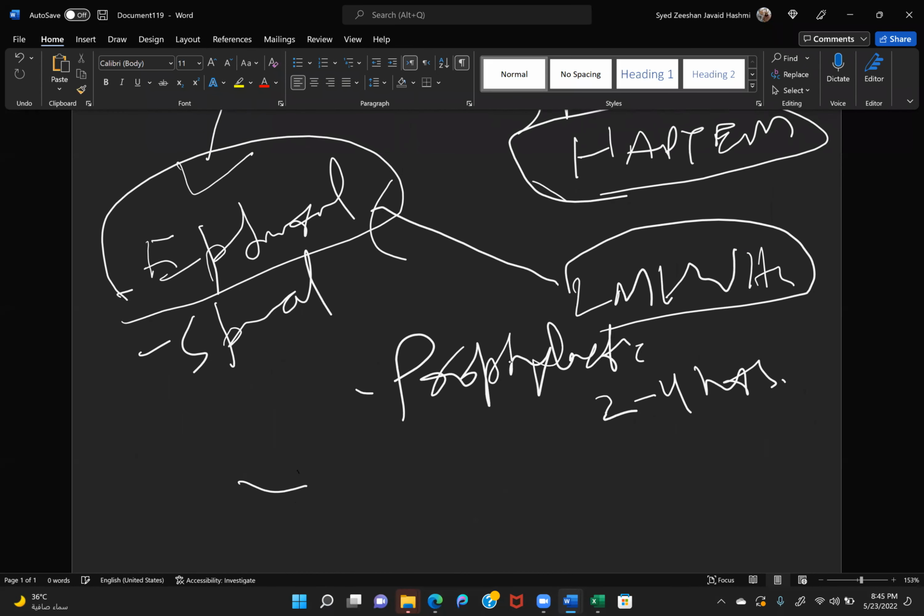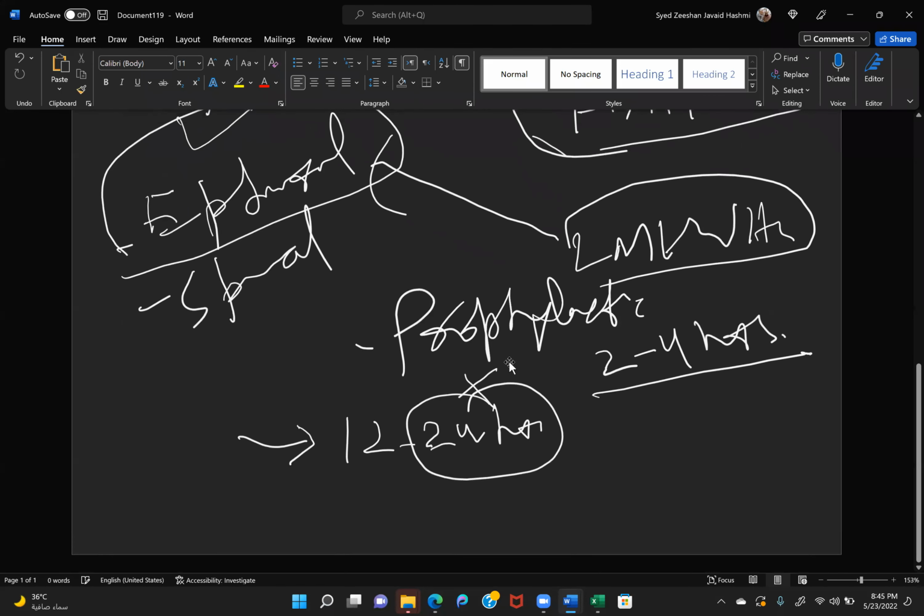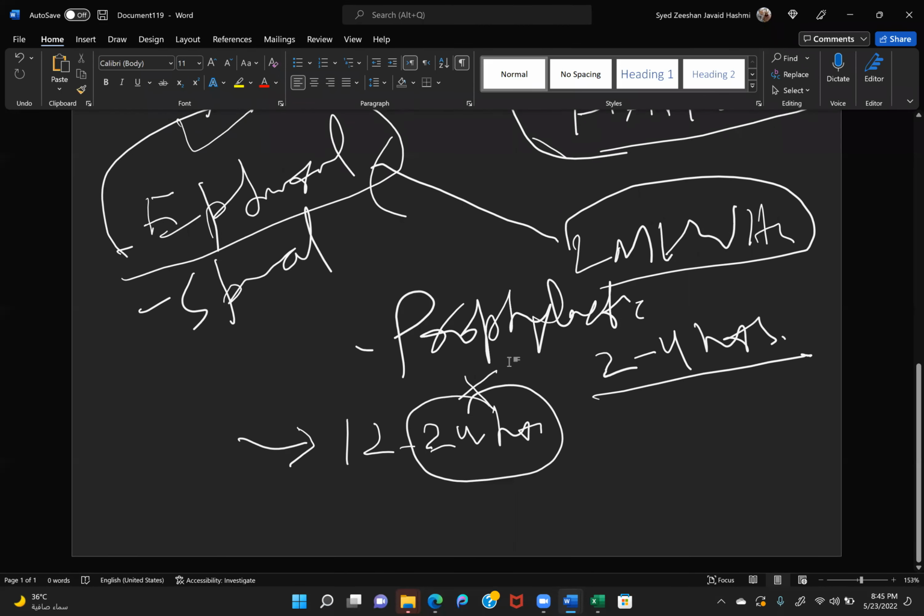And if you want to remove the catheter, after the last dose, how many hours after that can you remove it? 12 hours after the last dose for prophylactic. Therapeutic dose, of course, you will not take it out. Then the next dose will be 2 hours after removal of the catheter.